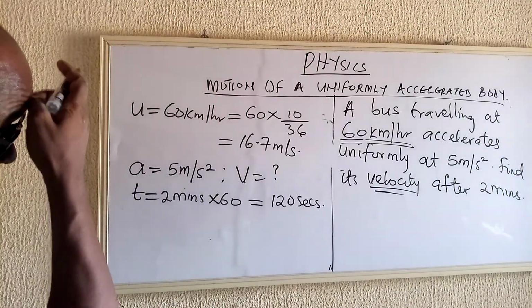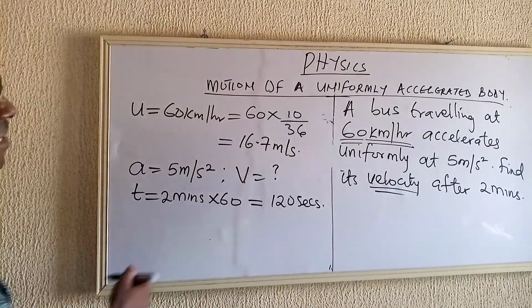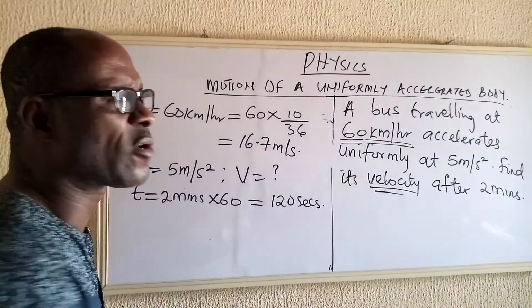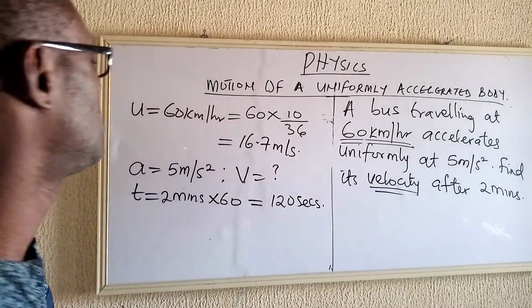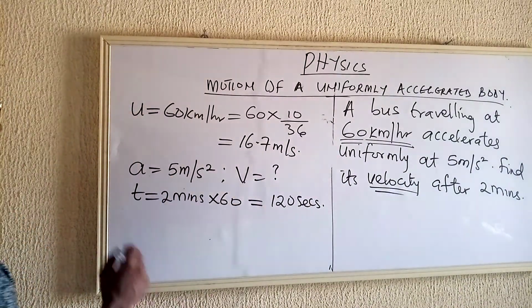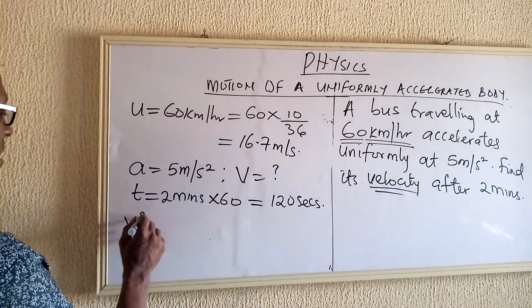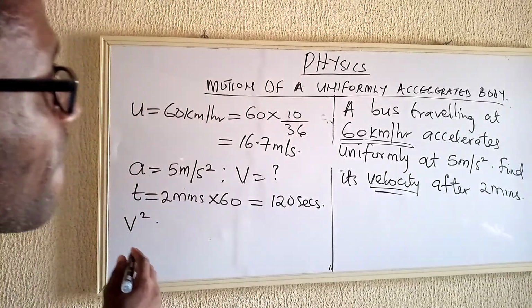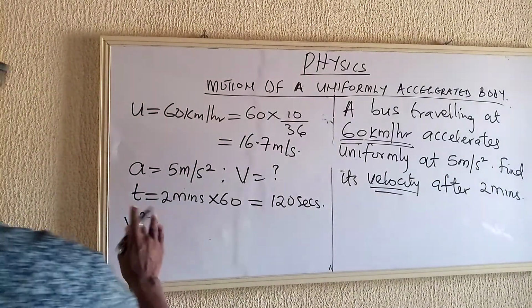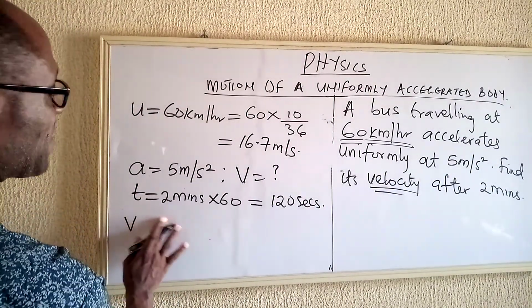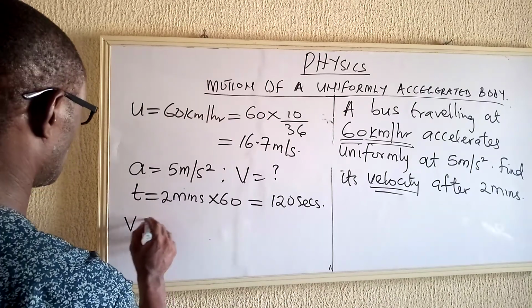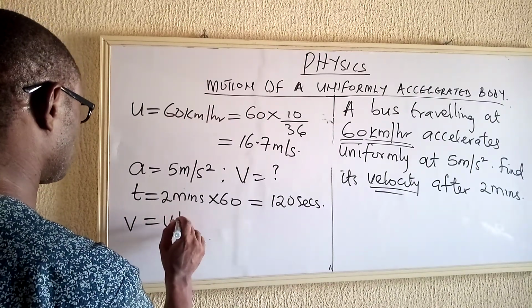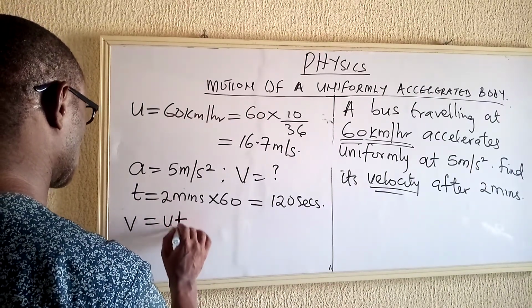Now, with this, we have a look at which of the equations of motion is relevant. The relevant one is V equals U plus AT.